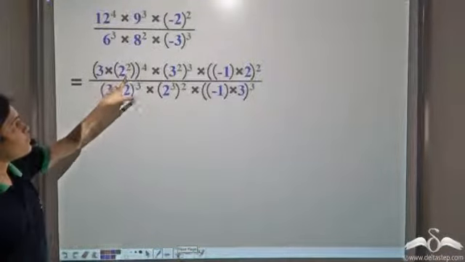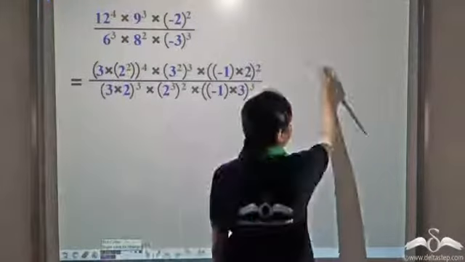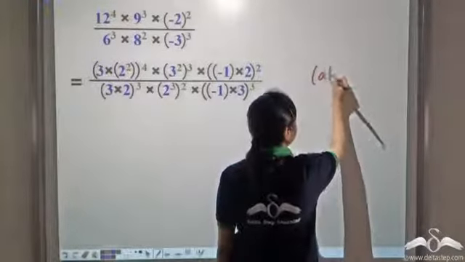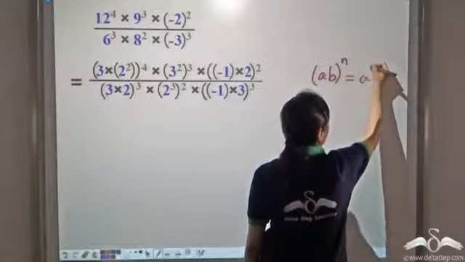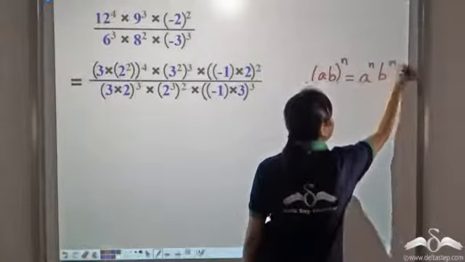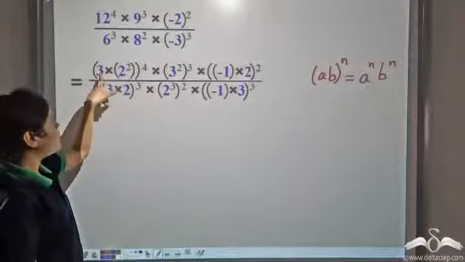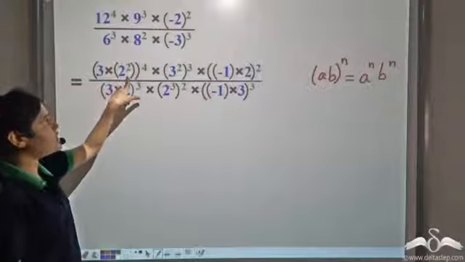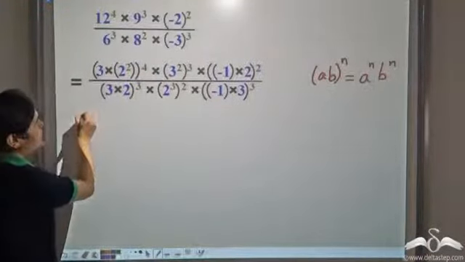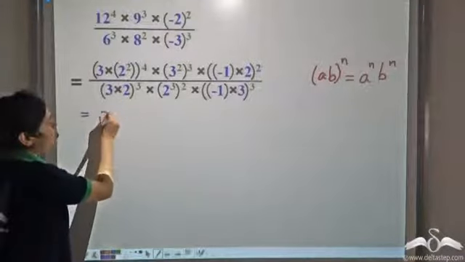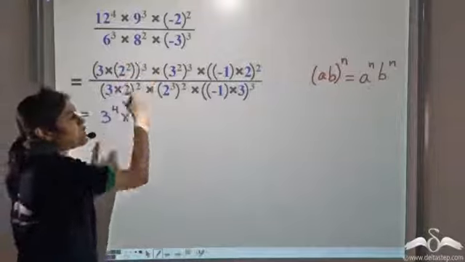Now we know that if we have a into b to the power n, we can write it as a to the power n into b to the power n. So now this into this whole to the power 4 can be written as 3 to the power 4 into 2 square to the power 4.